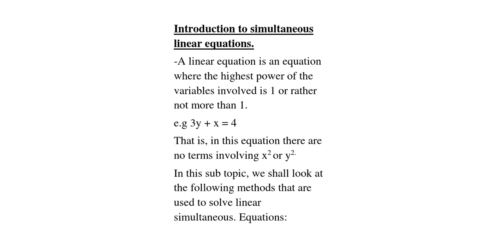So in this case, y is power 1 and x is power 1. So for the variables x and y, which are our unknowns, we have the highest power being 1. And for that case, then we can call that a linear equation.